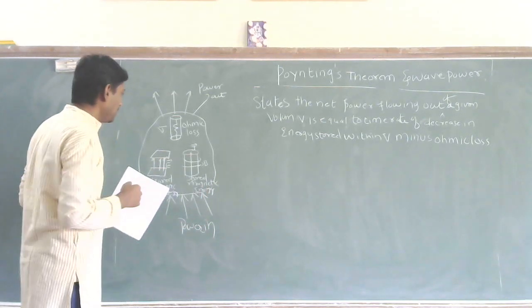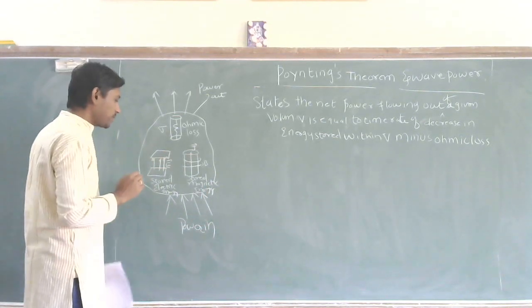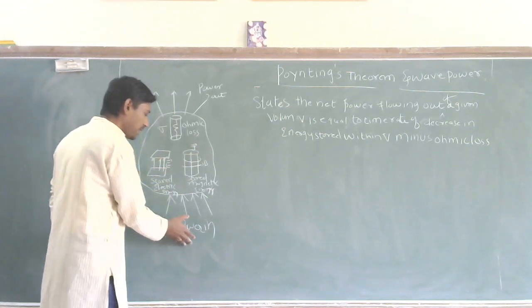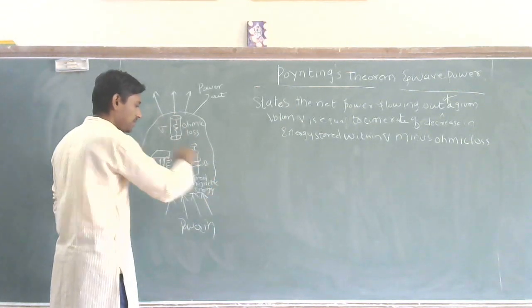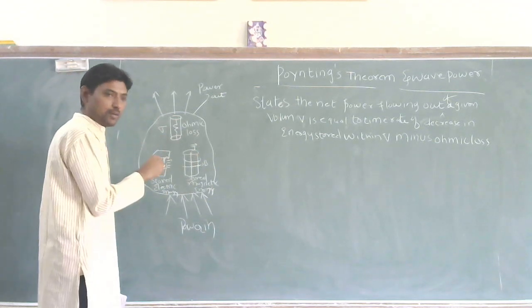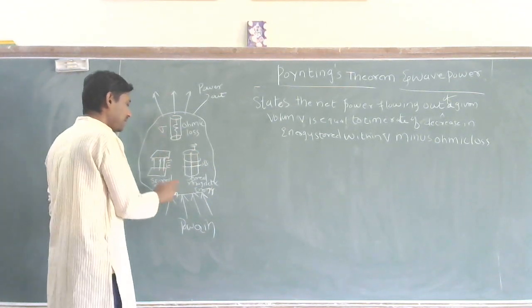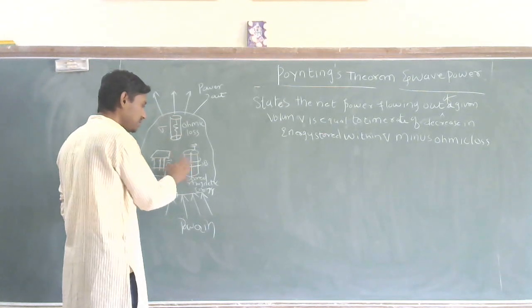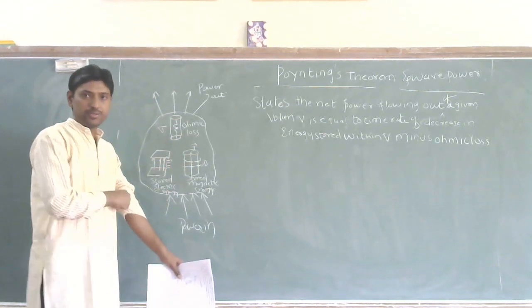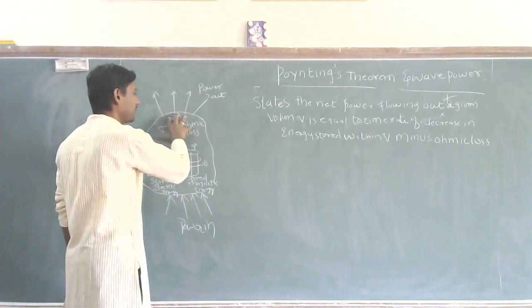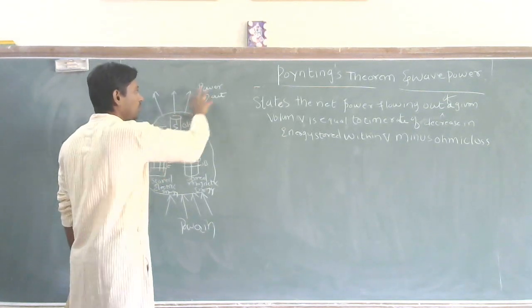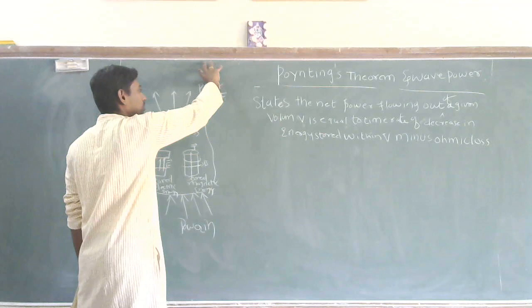Now what this theorem tells is quite simple. There is power flowing in some certain region having a volume V. Now this power is being delivered, or you could say it is being consumed, or there is some ohmic loss. Now what will be the power which is flowing out of this volume?